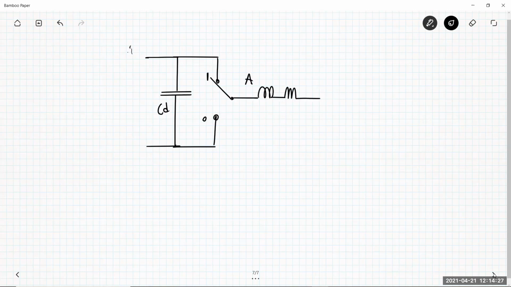This is the DC motor model. Okay, and this is the node N.